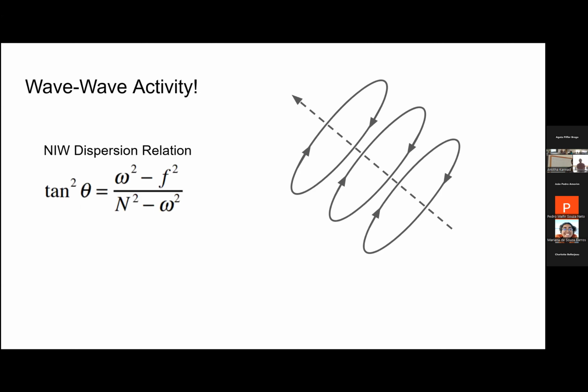So I wanted to do a little bit of a physical intuition building activity with internal waves. This is another form of the dispersion relation for near inertial waves that we've seen in many forms throughout the week. But just talking about how an internal wave actually moves, I don't know how many of you took Jen's waves class or another waves class, but you've maybe seen this dance before.